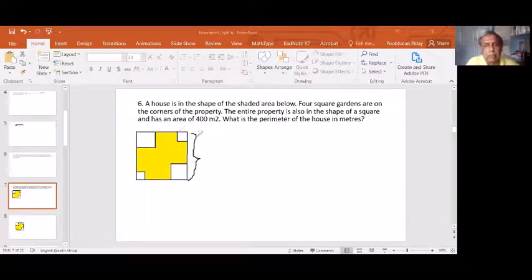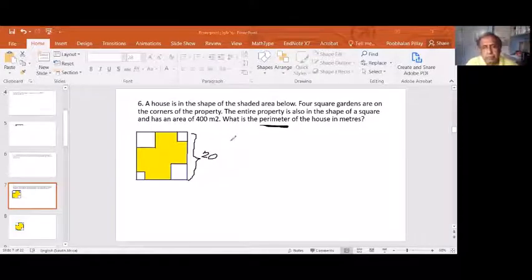It's actually length times breadth, but the breadth and the length are the same thing in a square. Which number multiplied by itself gives you 400? The answer is 20. That's clear. 2 times 2 is 4, and so 20 times 20 is 400. Okay, so we've got the side of the square. Now what is the question? The question is, what is the perimeter of the house in square meters?